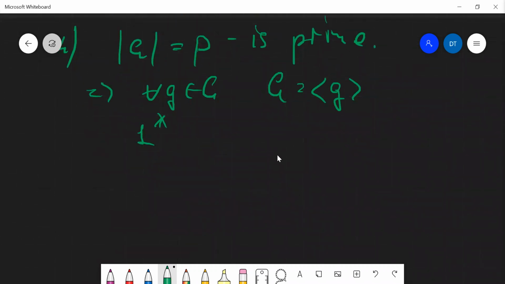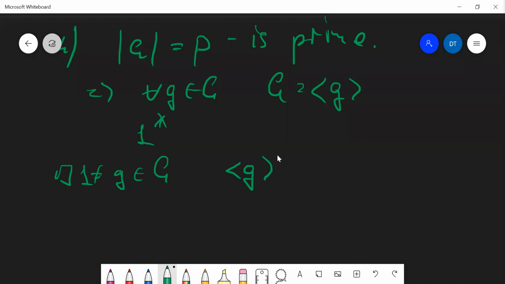Okay, so let's see why. This is only if the order of the group is prime. Let's take an arbitrary element g of G which is not the identity. Then consider its cyclic subgroup.